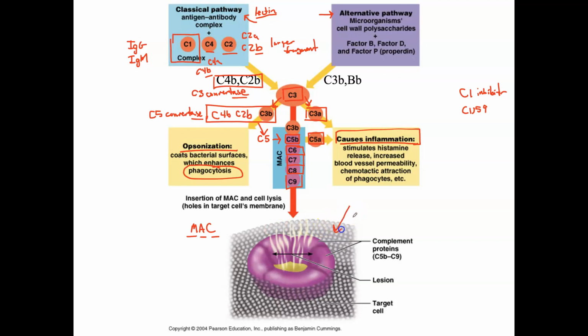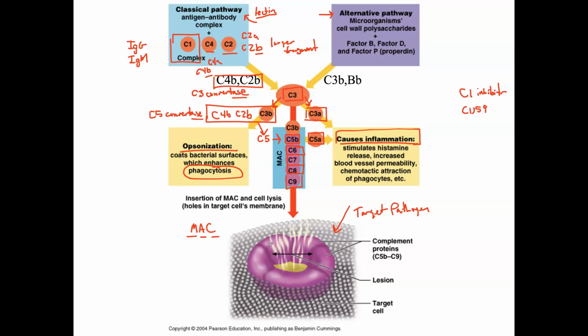So if this is the target pathogen, what these complement proteins are doing is they're inserting themselves into the wall of the target pathogen, creating a hole in the pathogen so that the target pathogen will lyse. So these pores throw off the osmotic balance, and they're going to cause the pathogen to lyse.